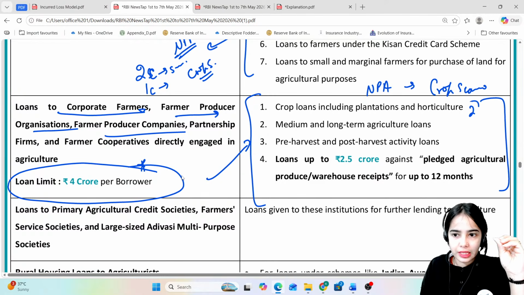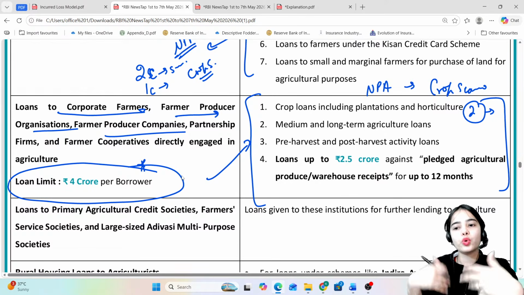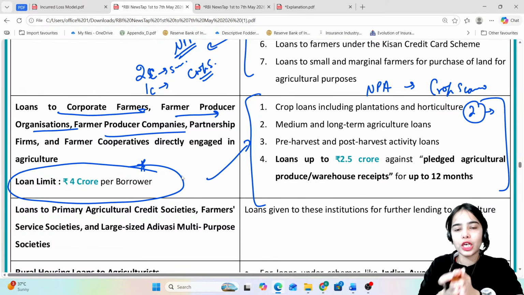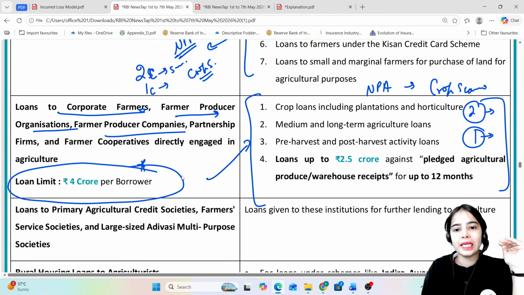When 2 crop seasons have passed with the amount outstanding for short duration crops, and one crop season has passed for long duration crops, then these loans can be classified as NPA.